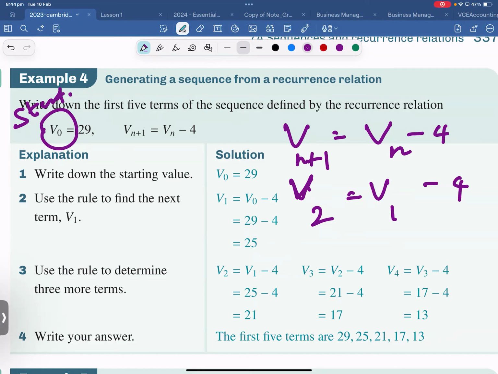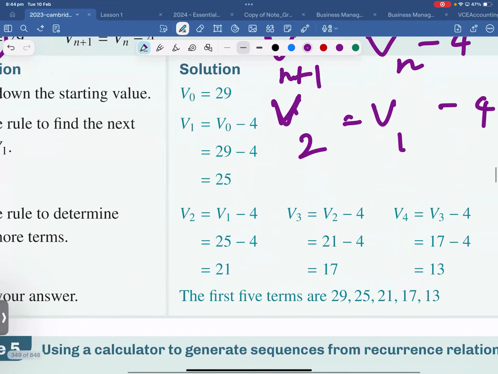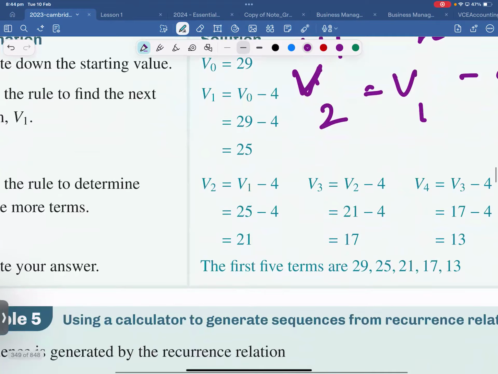If they ask you to write the first 5 terms, then it includes the first one, V0, the starting value. And then the others are, now see, for example, this one, 29 is V0. Like that, 25 is V1, V2, V3, and V4.